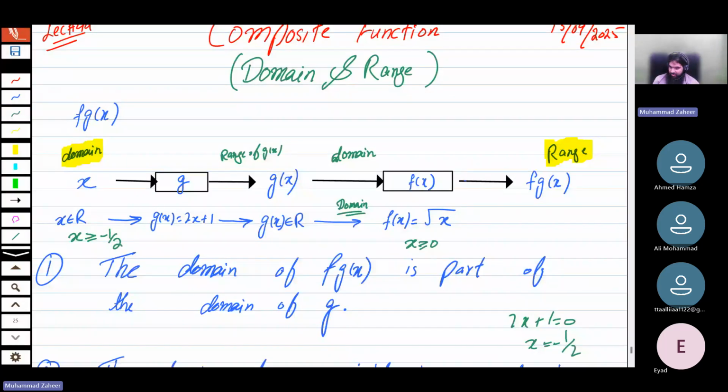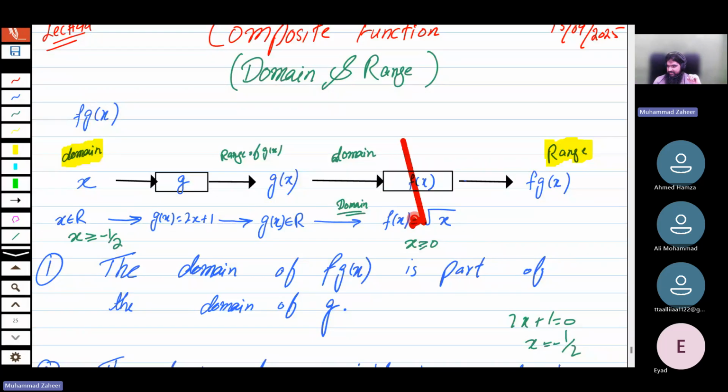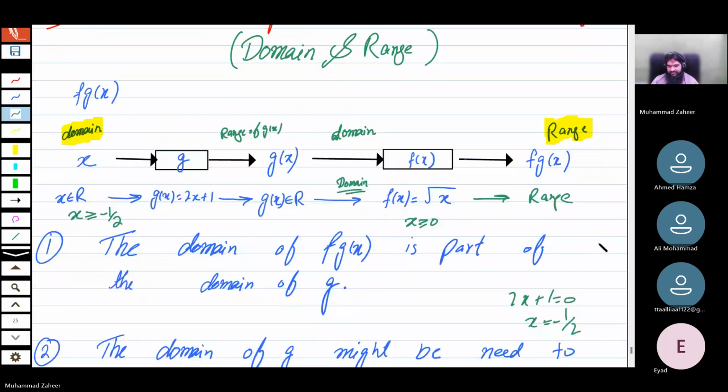I need to substitute all the values that are greater than minus 1 by 2, because when I substitute them, g of x is going to give you a positive answer. And this positive answer becomes the domain of f of x, and it is going to give you the function, and that is basically your range. Clear?